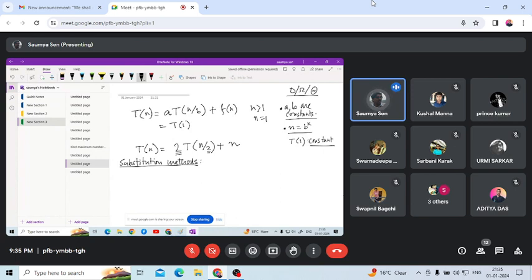So in this problem, T of n equals 2T of n by 2 plus n. If we substitute, T of n equals 2 into, in case of T of n by 2, you again apply this formula and you get 2T of n by 4 plus n by 2, plus n.